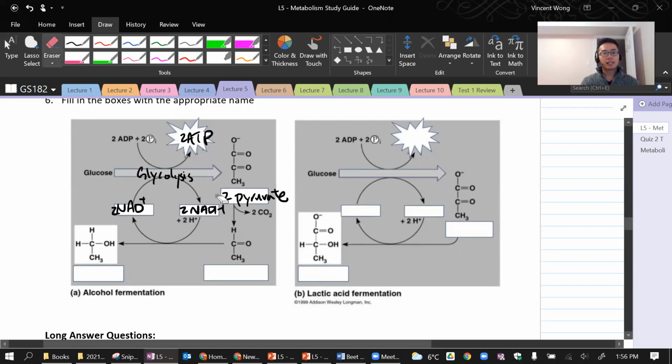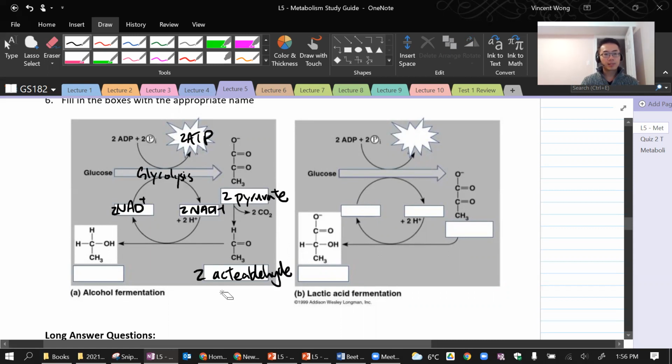Okay, so that is a very bad situation for the cell. What happens then, in the case of alcoholic fermentation, is the pyruvate is going to release carbon dioxide. That's what causes the bread to leaven. And then the product that you get is something called acetaldehyde.